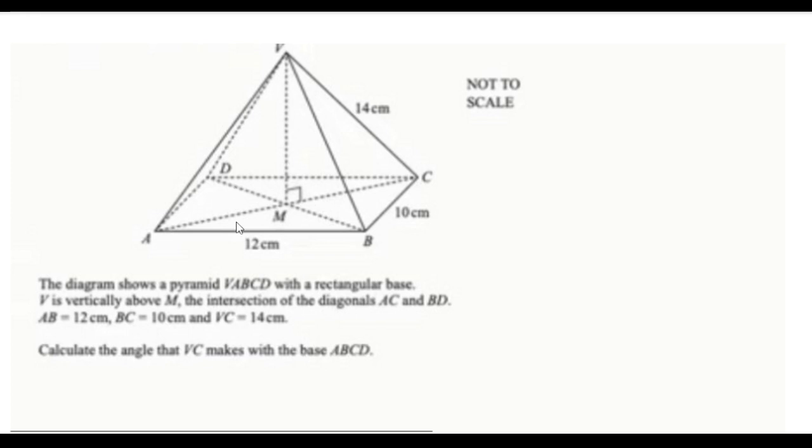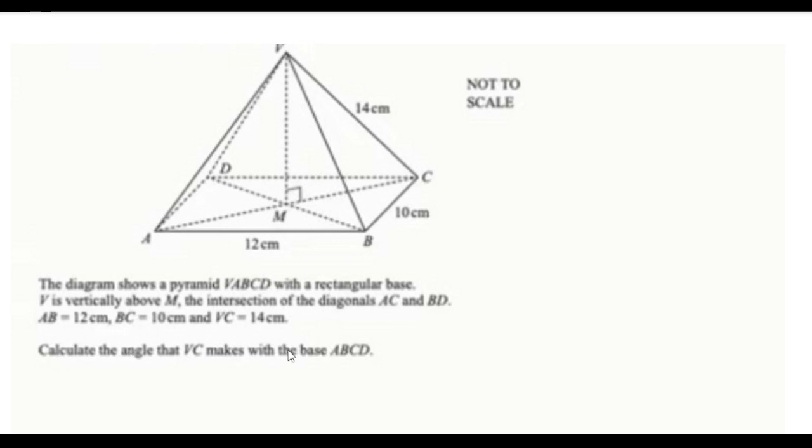The diagram shows a pyramid VABCD with a rectangular base. V is vertically above M, the intersection of the diagonals AC and BD. AB is given as 12, BC is given as 10, and VC is given as 14.